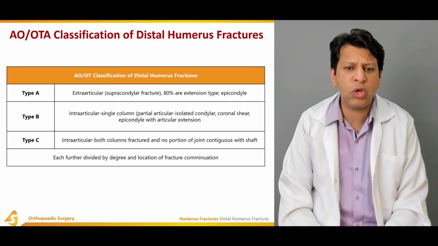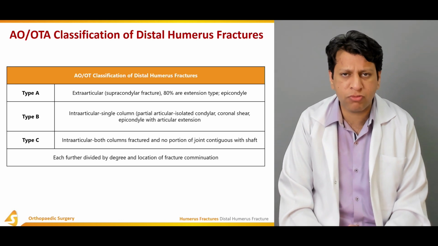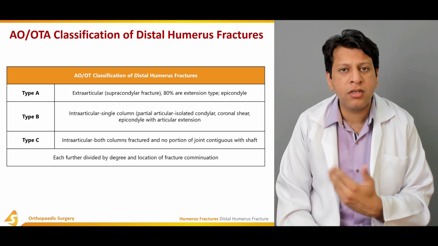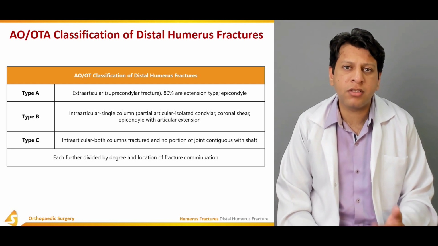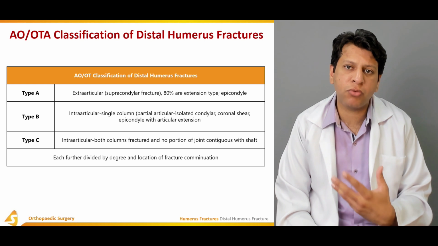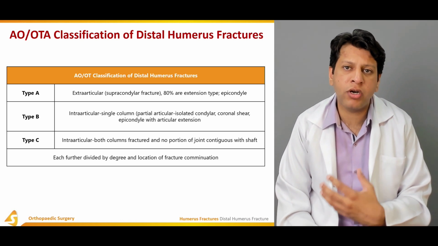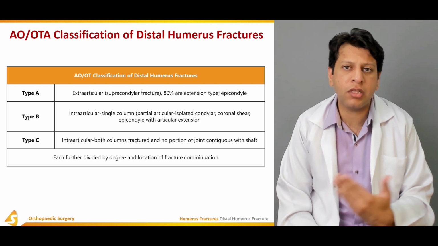Most commonly used is the OTA classification of distal humerus fractures. Humerus is named as bone 1, radius ulna bone 2, femur 3, and tibia is 4. So proximal humerus is 1-1, mid shaft humerus is 1-2, and distal humerus is 1-3.